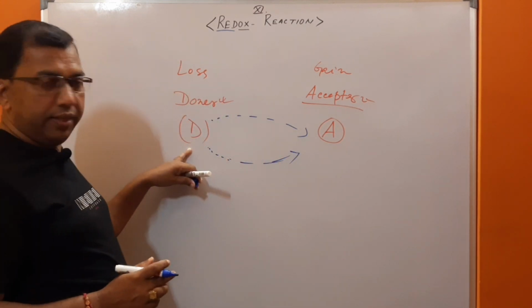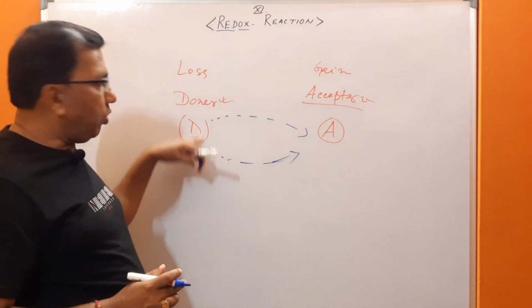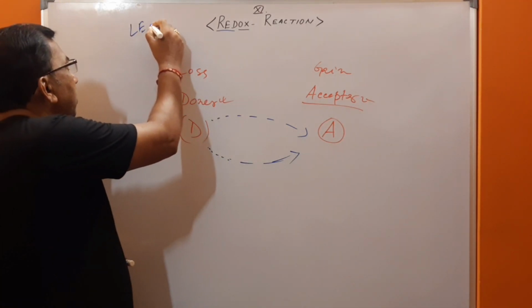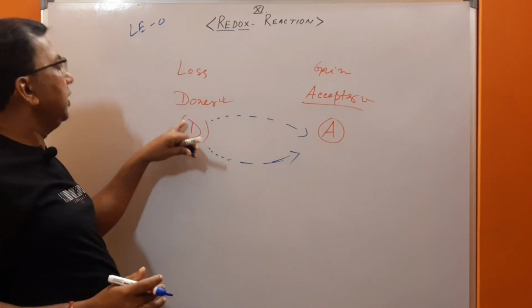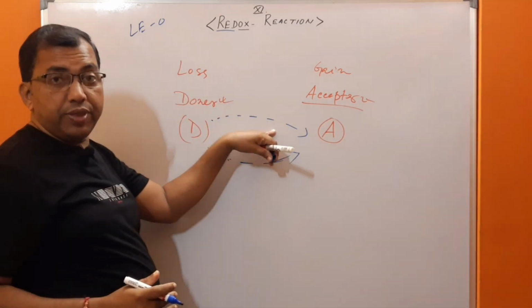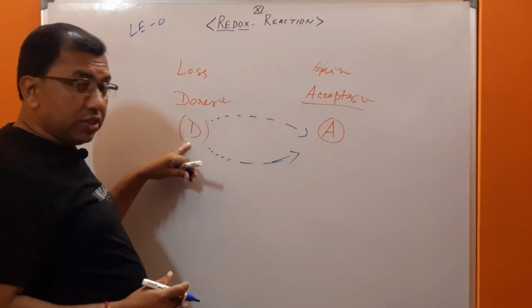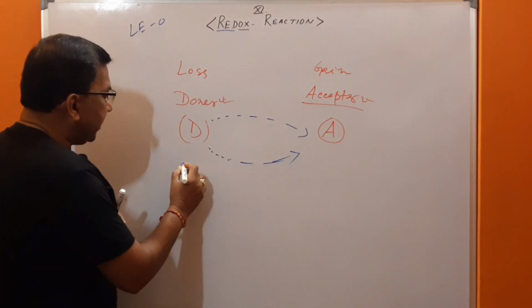This is a donor, it loses electrons. Loss of electron is oxidation. The donor is oxidized, and that is the reducing agent.